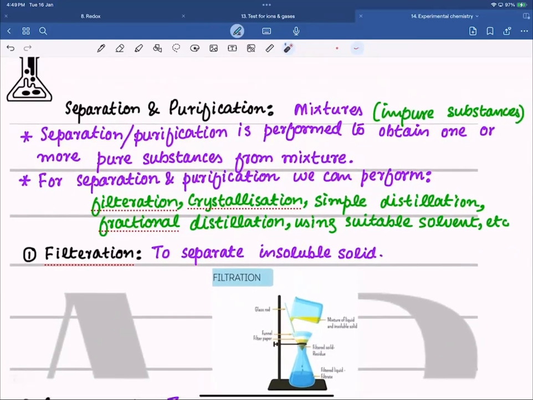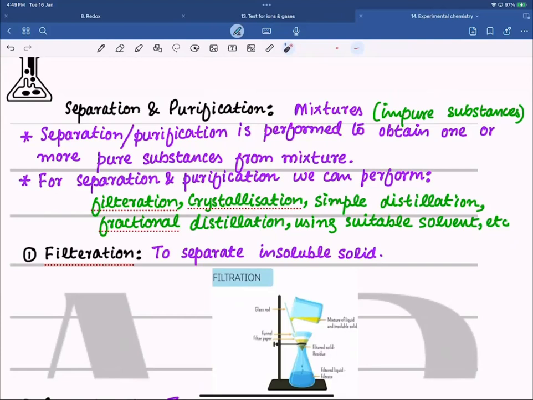What is the purpose of crystallization? We do crystallization for a solid which is water soluble and is dissolved in the solution. So why don't we do evaporation?